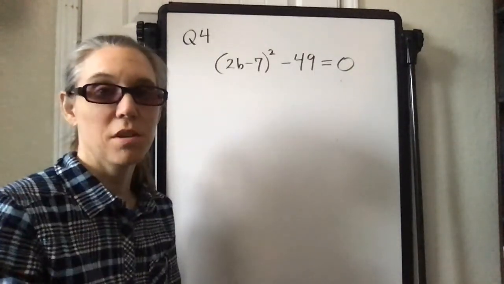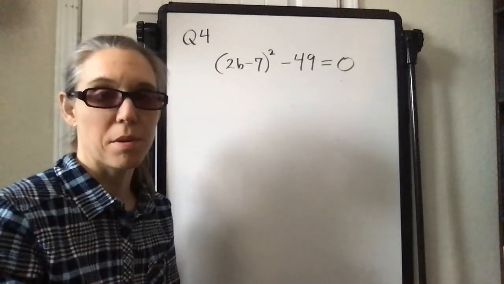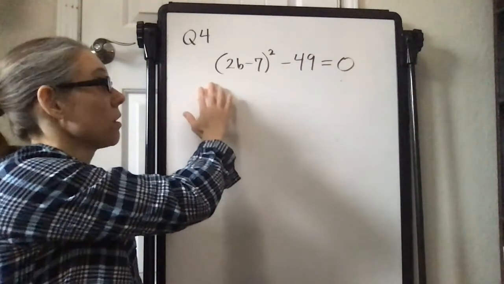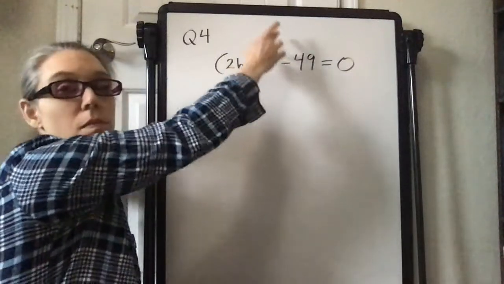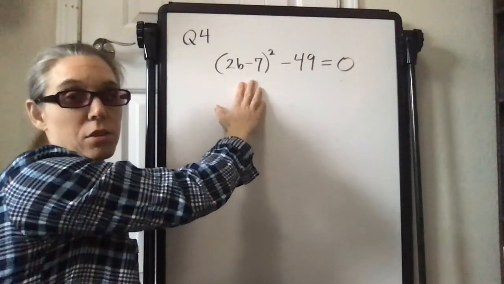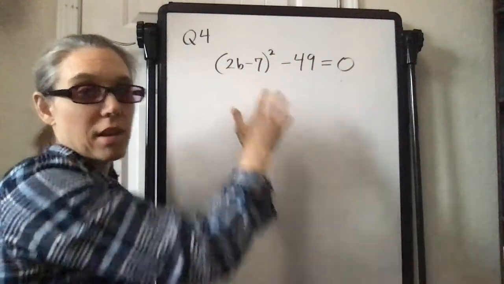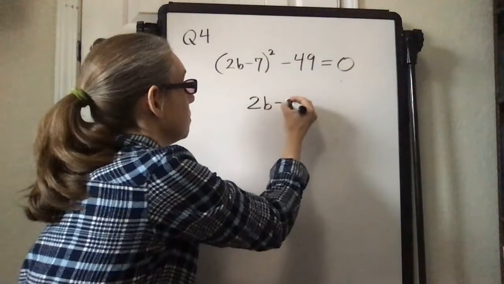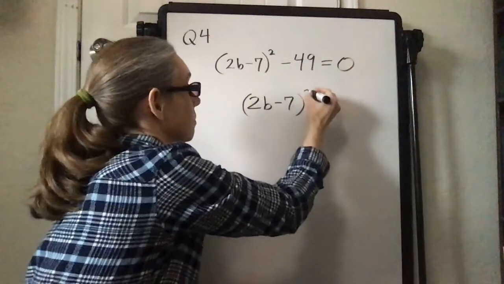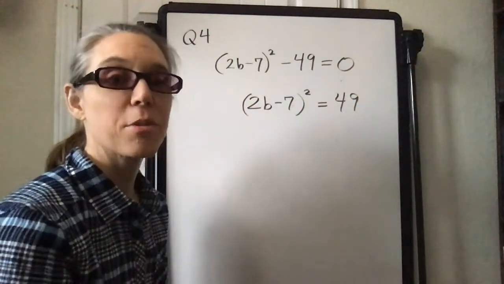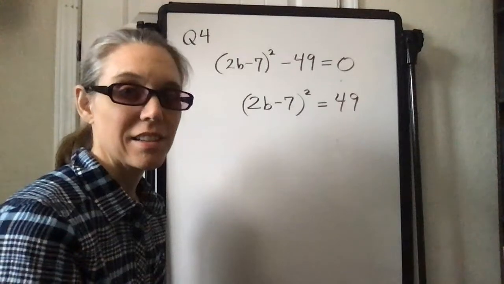The next problem is question number 4 from the MyOpenMath homework. The perfect square, the square is this one right here. The perfect square is not already by itself. So first, add 49 to both sides. Now the perfect square is isolated.